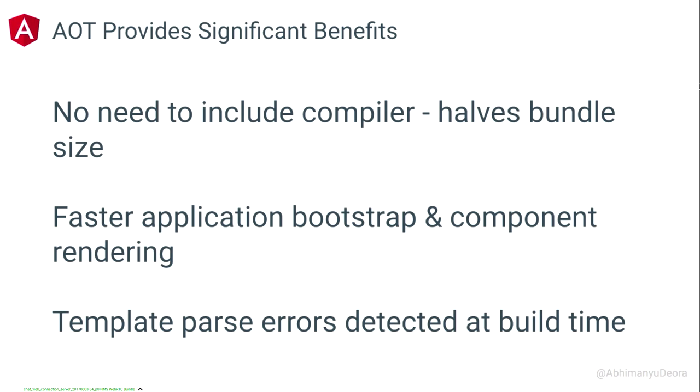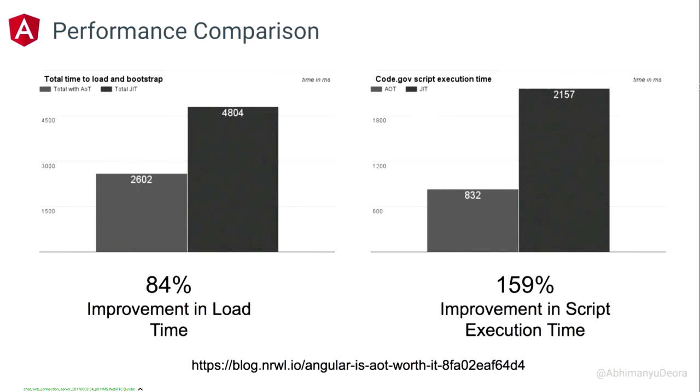You also get secondary benefits such as template parse errors being detected at build time and a few security benefits. A full discussion of AOT versus JIT and the relevant benefits is outside the scope of this talk, but just trust me when I say that AOT is better. Use it, please. Jeff wrote this article that has some really cool metrics that really drove home the benefits of AOT to me. He saw an 84% improvement in load time when converting an application from JIT to AOT.